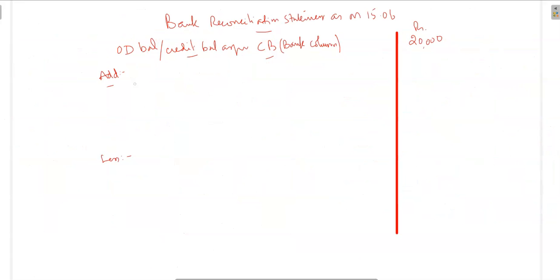So add check deposited but not collected, rupees 8,000.